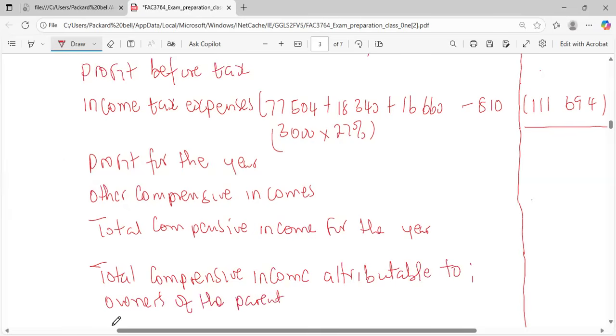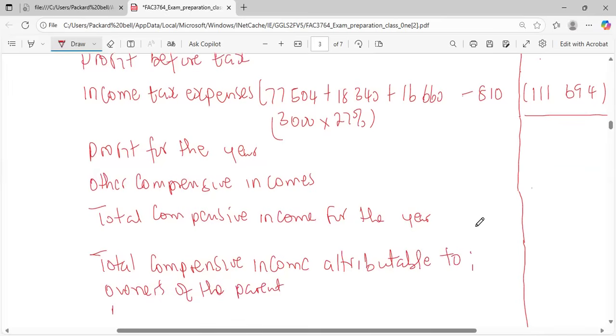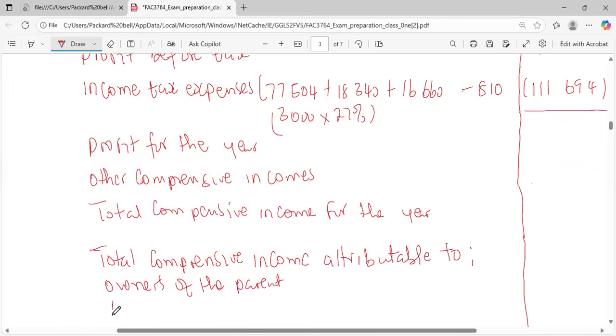Non-controlling interest. Right. So this is how it will look like.